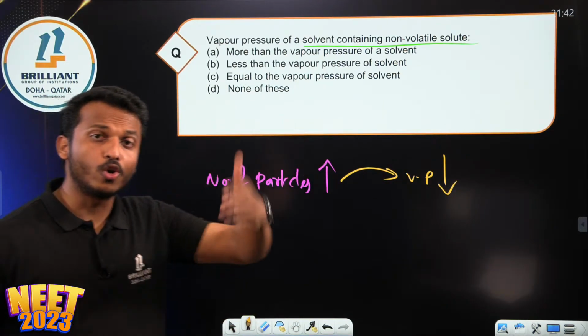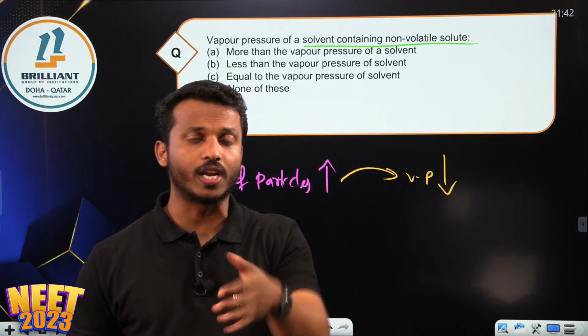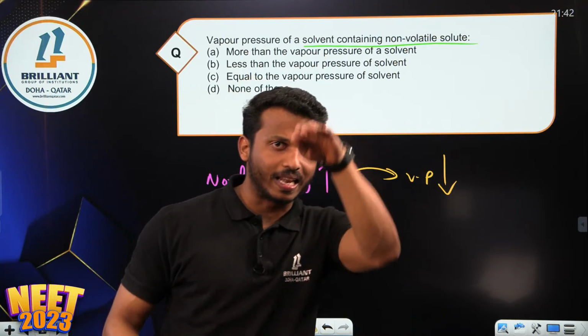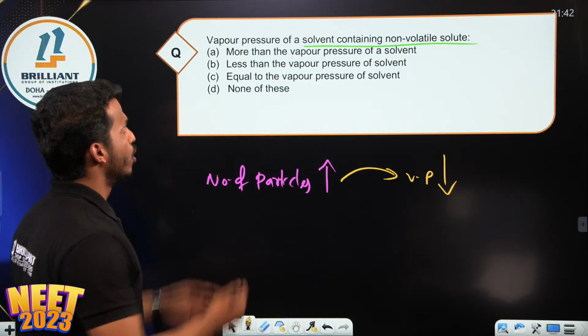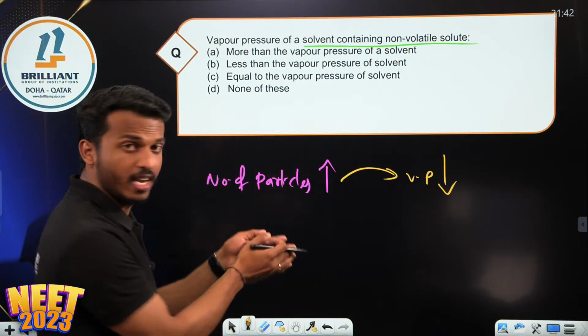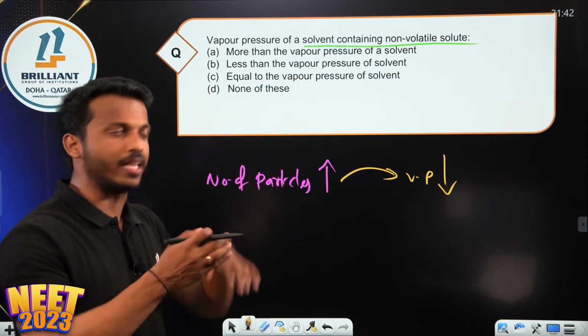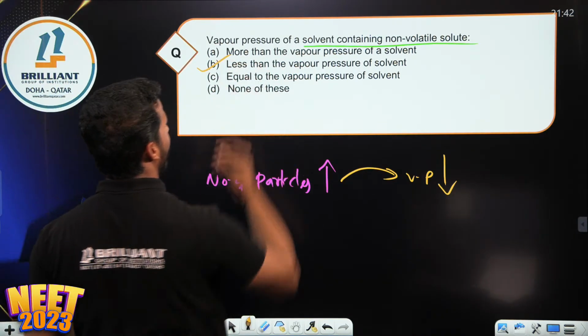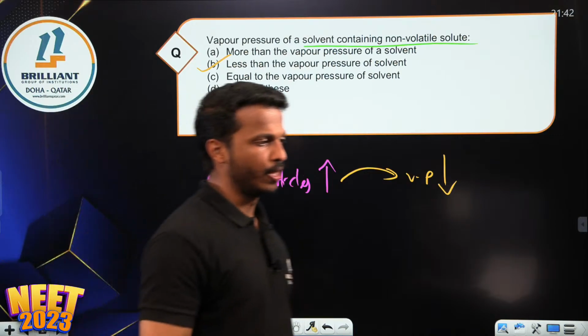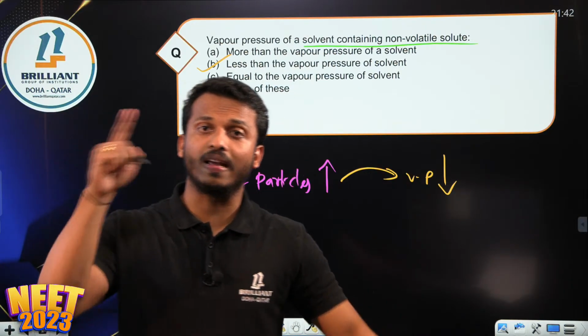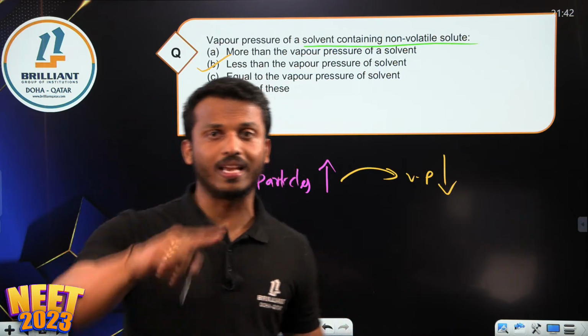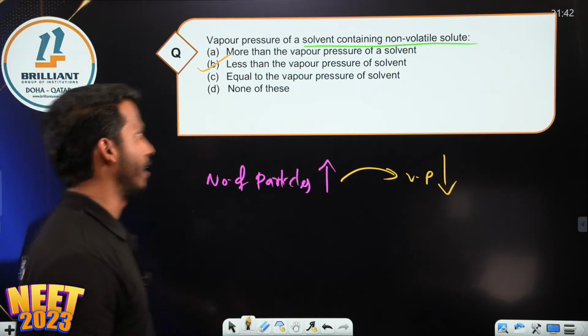As the number of solute particles increases in the solution, the vapor pressure decreases. When there is already a solvent and you add a non-volatile solute, the vapor pressure decreases. So remember, as the number of solute particles increases, the vapor pressure decreases.